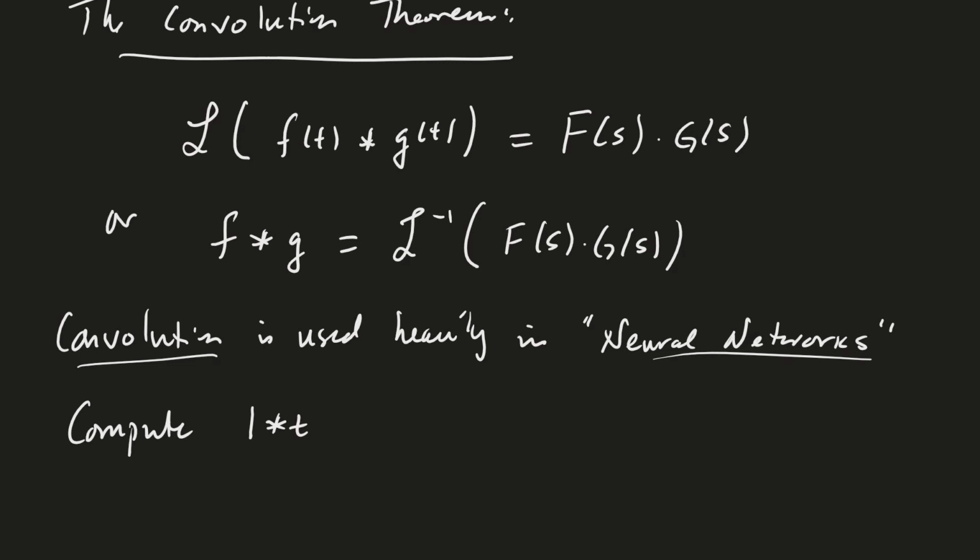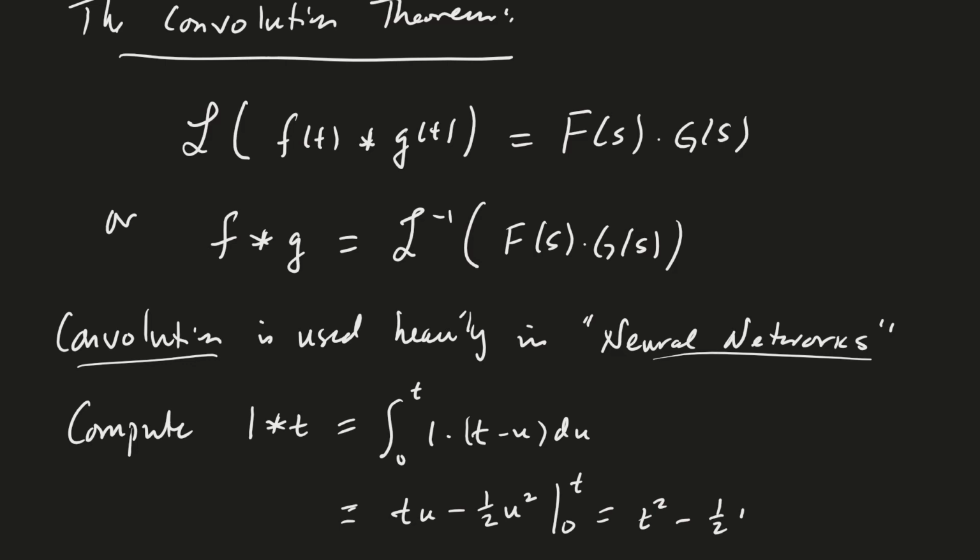By definition, that's equal to the integral from 0 to t of f of u, and in this case it's just 1 times t minus u, so that's just going to be t minus u du. Now I'm integrating with respect to u, right? So that's just going to be t u minus 1/2 u squared from 0 to t. So that's t squared minus 1/2 t squared minus 0. So it looks like 1/2 t squared.